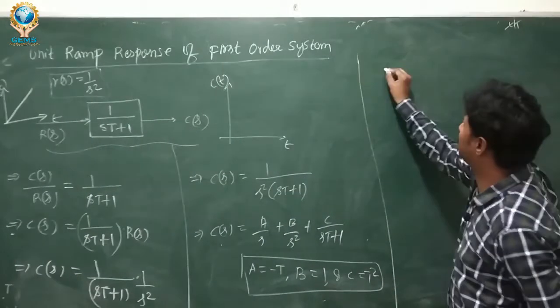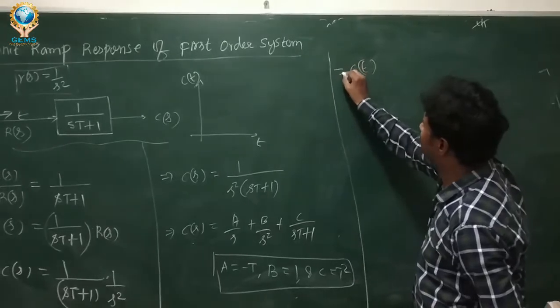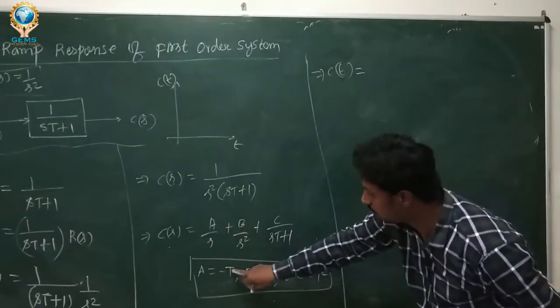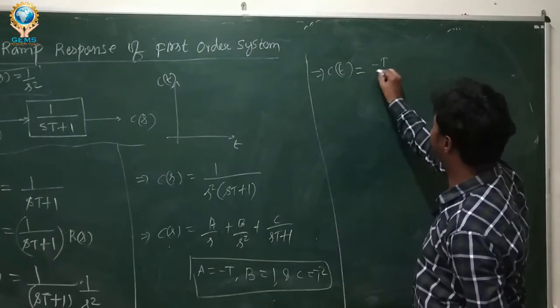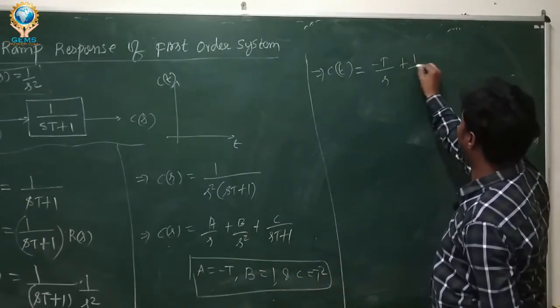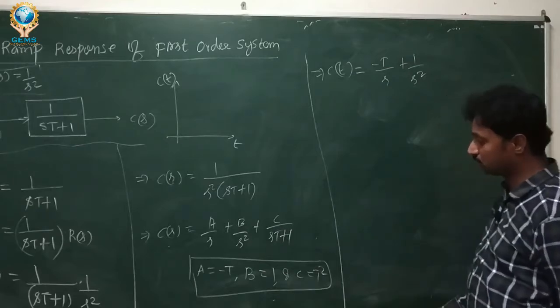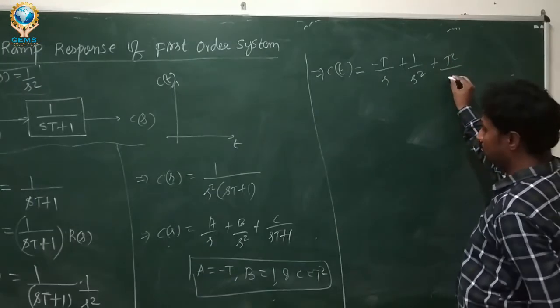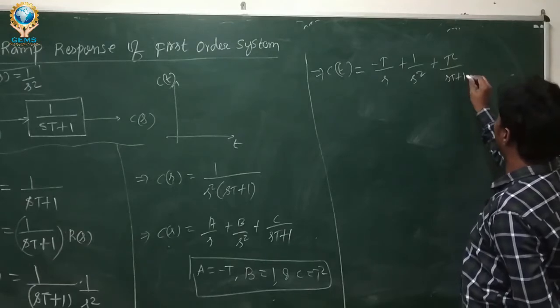Substituting these values in this equation, C(s) is equal to minus T by s, plus 1 by s square, plus T square by (sT plus 1).